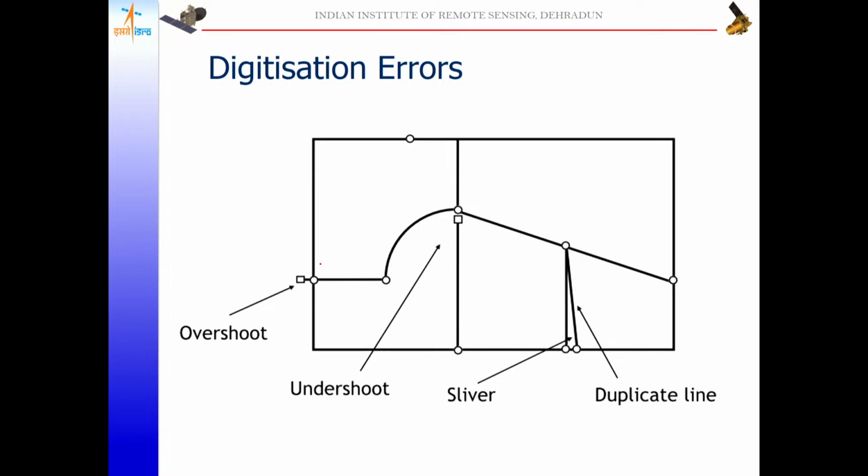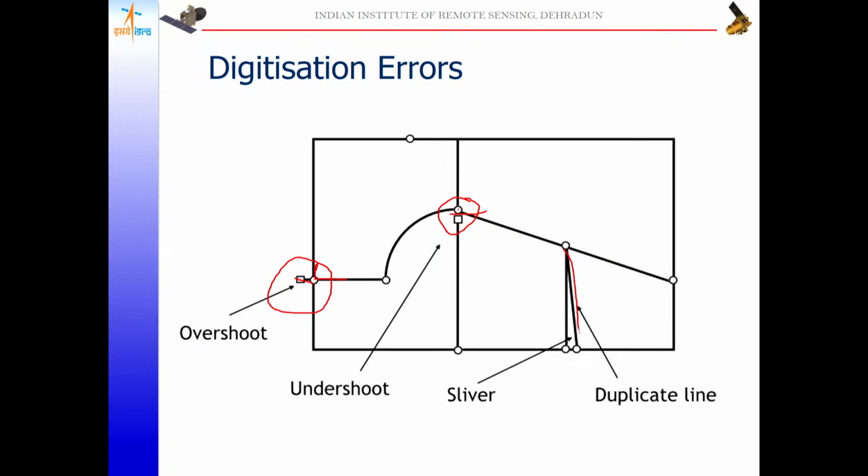One is overshoot, which means this line needs to end up to here, but it has some hanging portion, that is known as an overshoot error. Then you can have undershoot. This line needs to be connected to this point, but it is not, there is a certain gap, so this is undershoot.